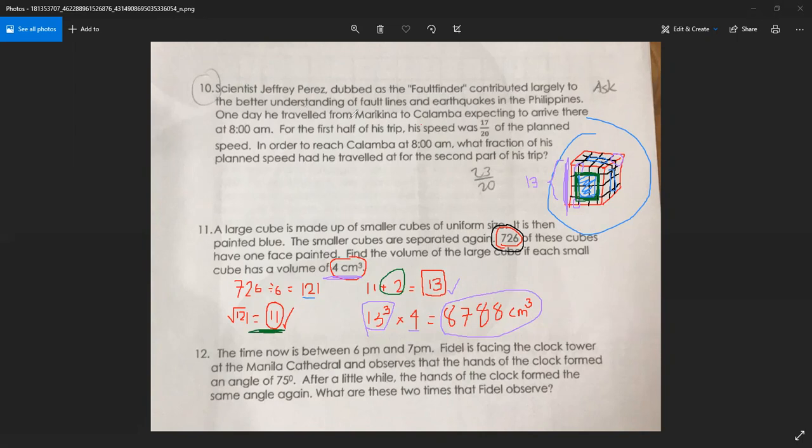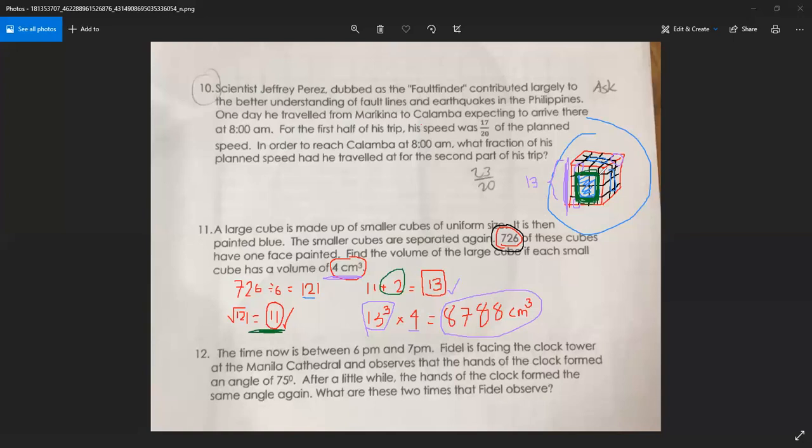The number of cubes in this green square is 121. The number of cubes in this square is 121. Not the area. Sorry for that one. The number of cubes in that area is 121. Got it? You're just going to get the amount of cubes on the whole side.